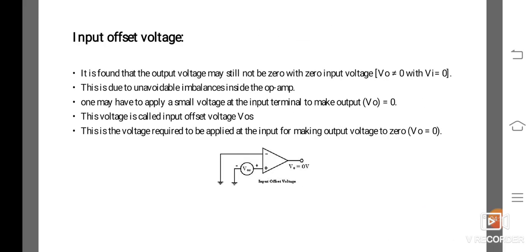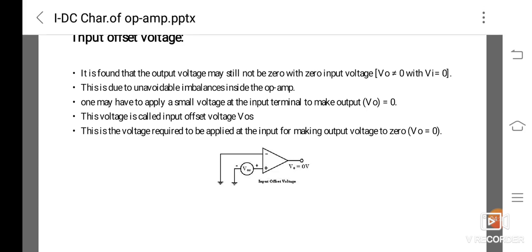The next one is input offset voltage. Here it is found that the output voltage may still not be 0 when the input is 0.